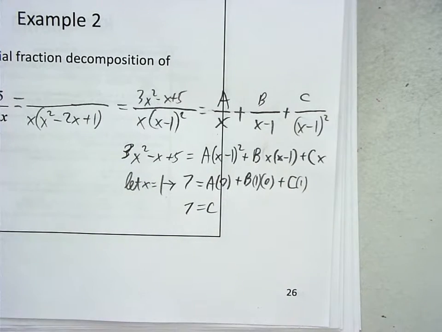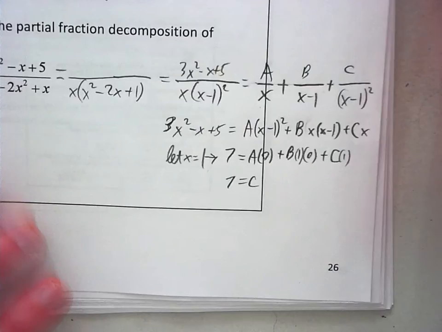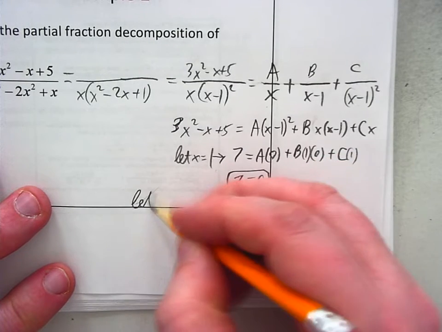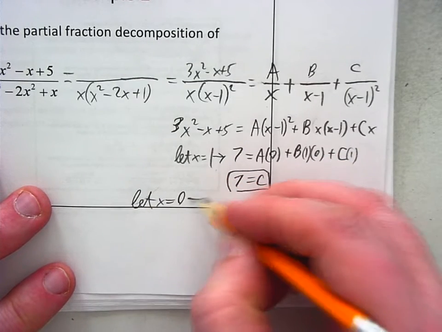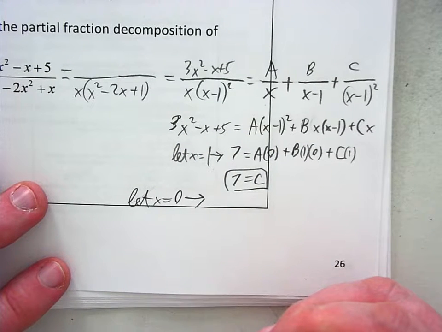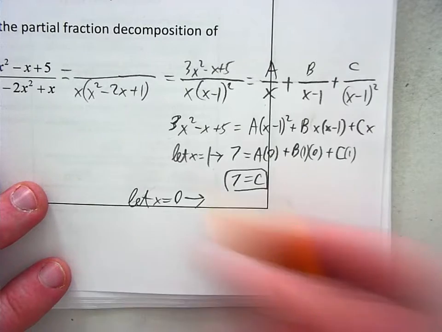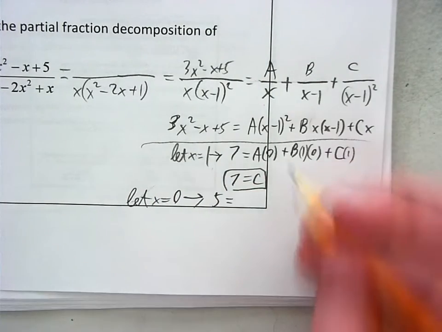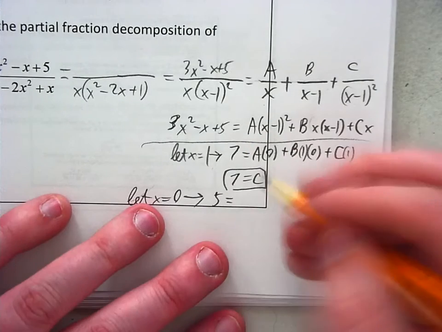What other value could I put in? 0. If I plug in 0, so I'm going to use that in a minute. If I let x equal 0, then what's going to happen to the left side? 5. So I'm going to get 5 on the left. When I plug in 0 here, I'm going to get a times what?